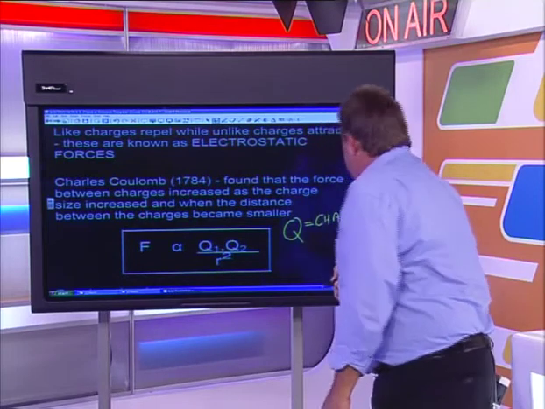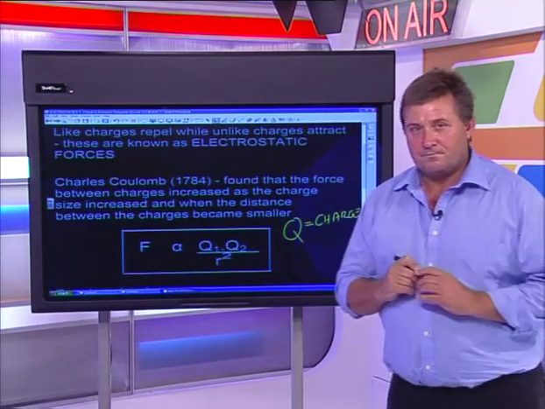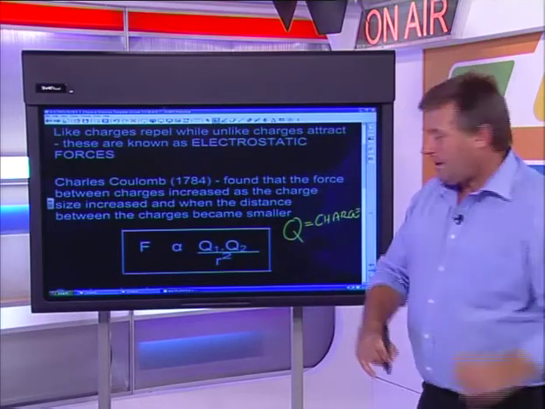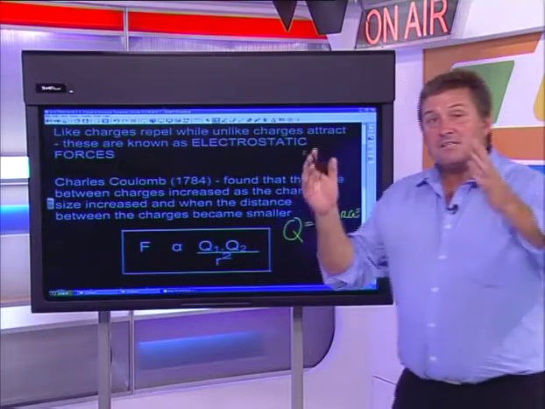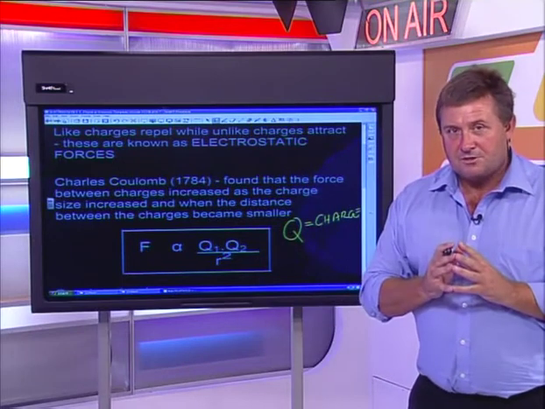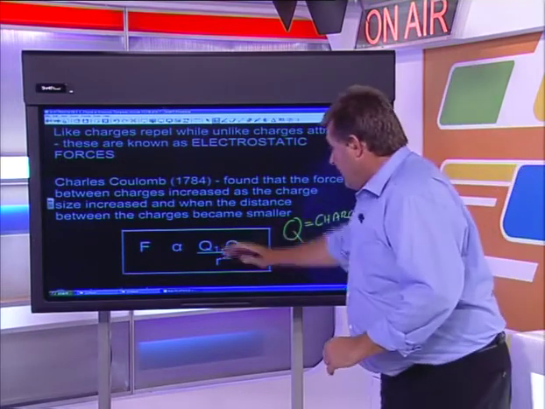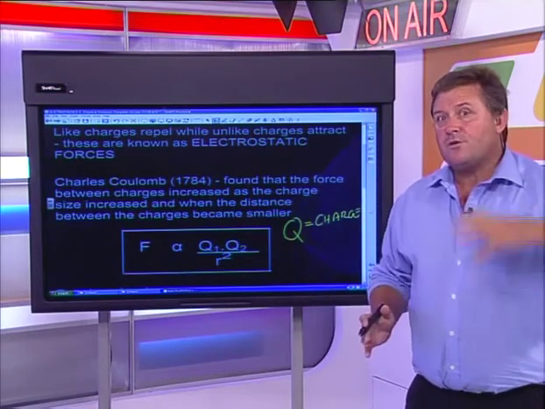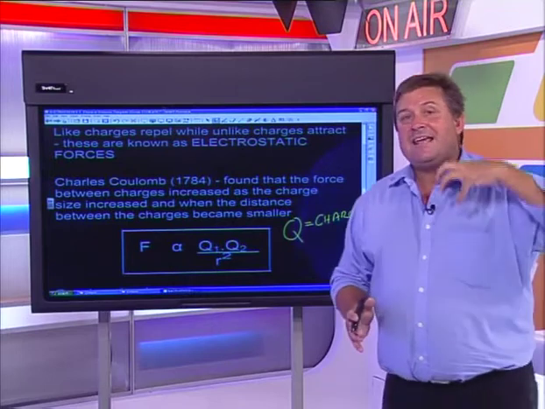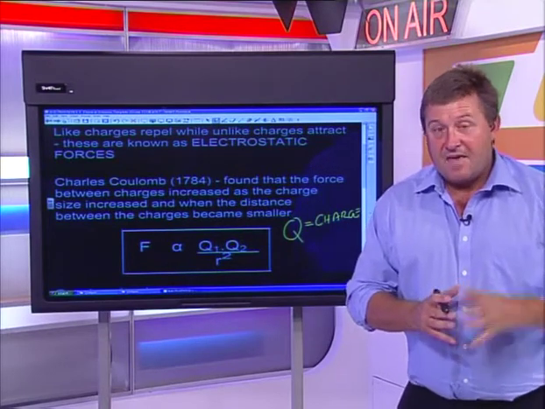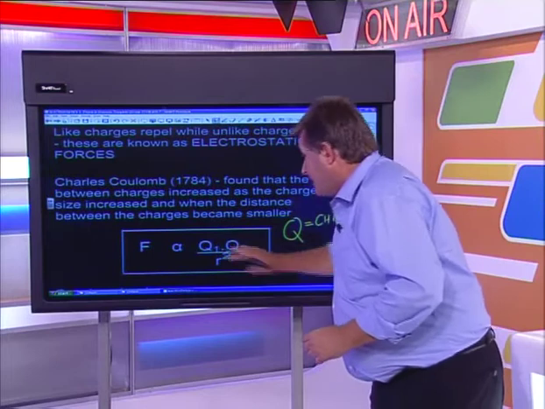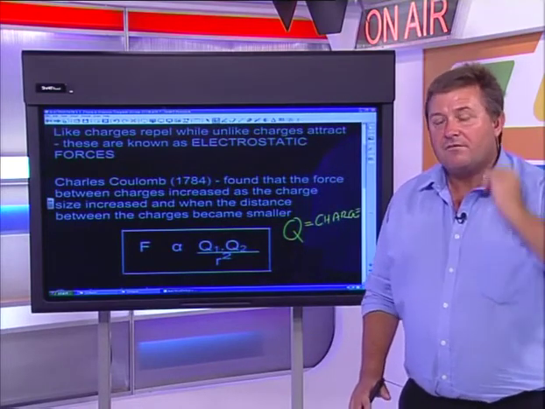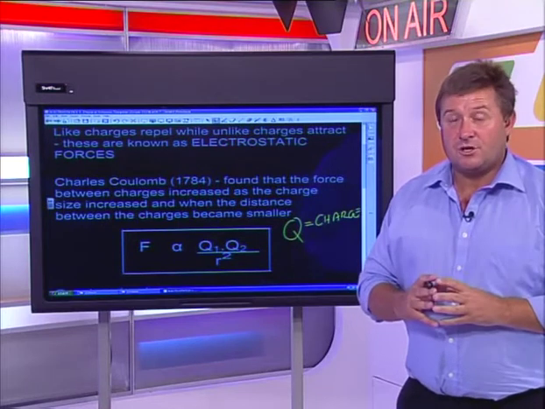Okay, that's our symbol for charge, Q. So if we've got two charges, let's call the one charge Q1 and the other charge Q2. We simply multiply the two, and then as the distance became smaller, so the force got bigger, we have an inverse proportionality. Therefore, he had to divide, but the important thing is he divided by the square of the distance between those charges.